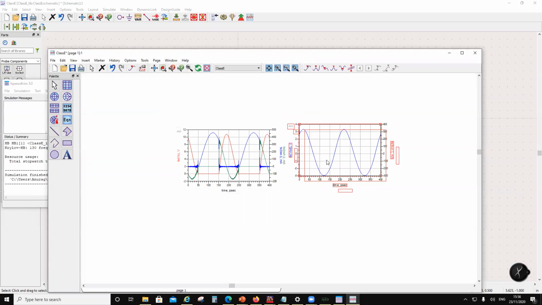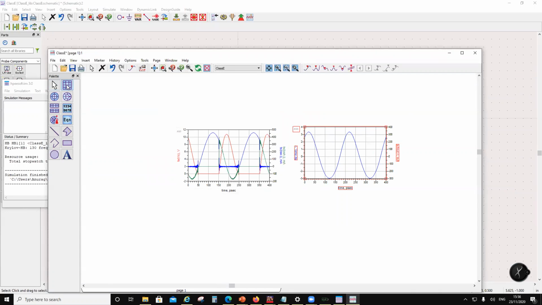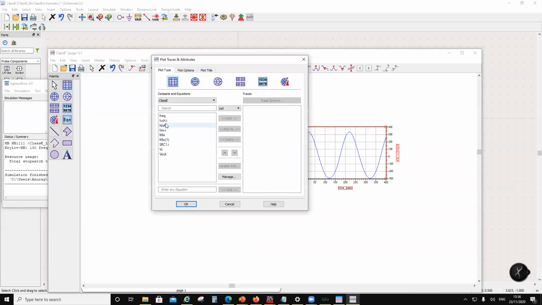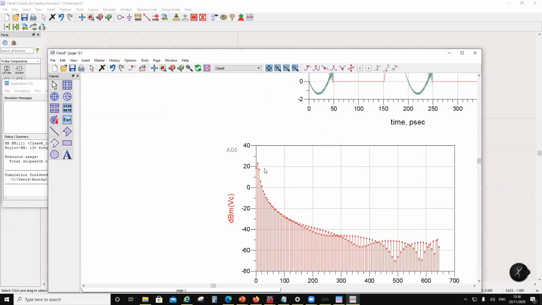Okay, that's there. Now, if you want to look at the spectral distribution of VC. Okay, so there it is. So the fundamental is going to be that output. Okay, 23 is over here. Let's look at the power spectrum here.